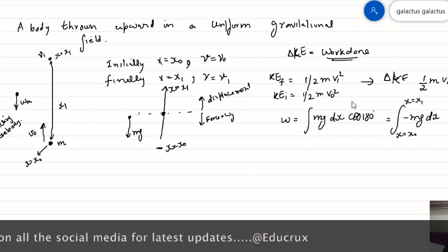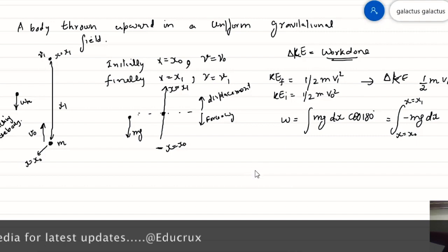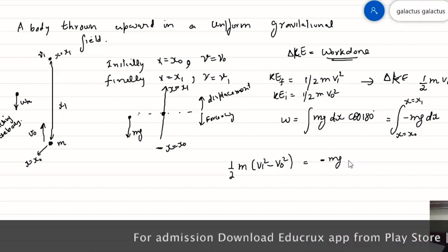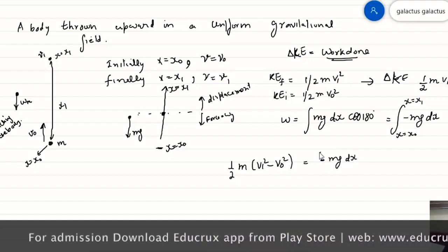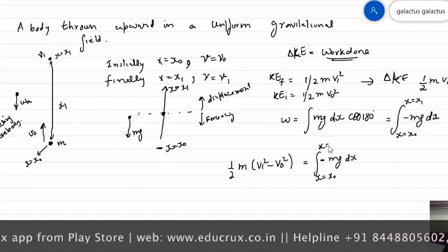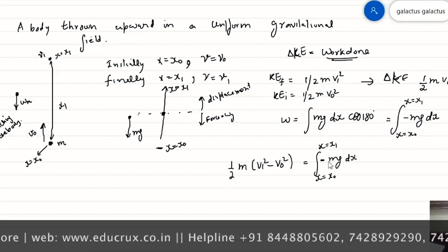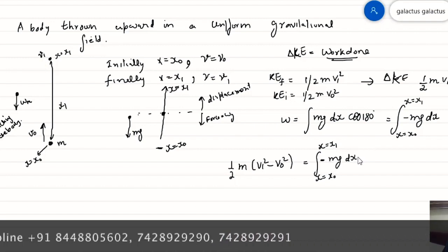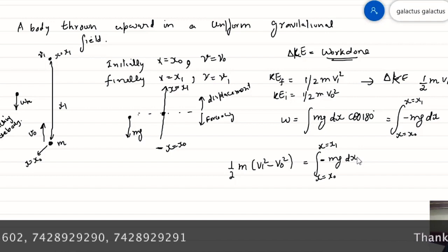If I now substitute my value in the work energy theorem, I'll get half m times v1 square minus v naught square is equal to minus the integral of mg dx from x is equal to x naught to x is equal to x1. Here we see that our force is position independent, so our force doesn't depend on the distance.